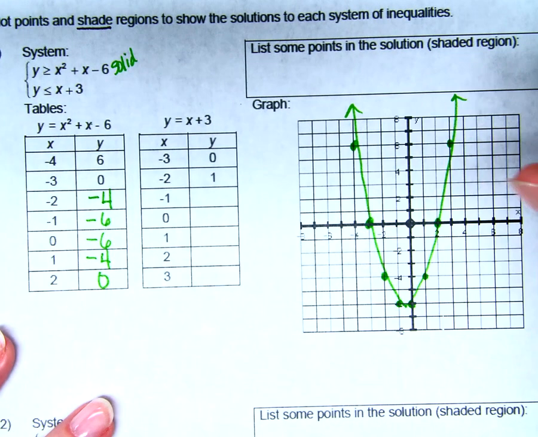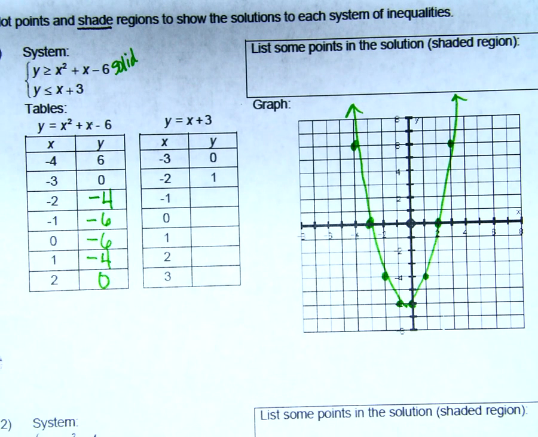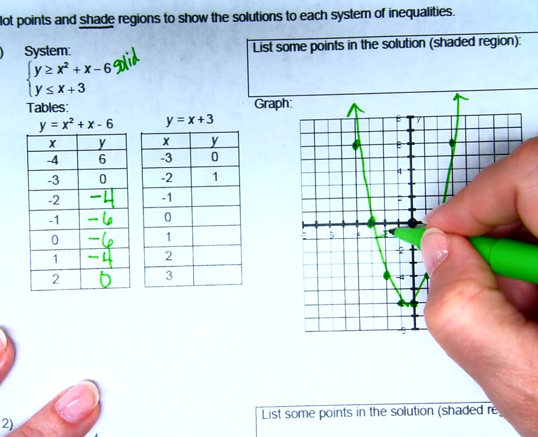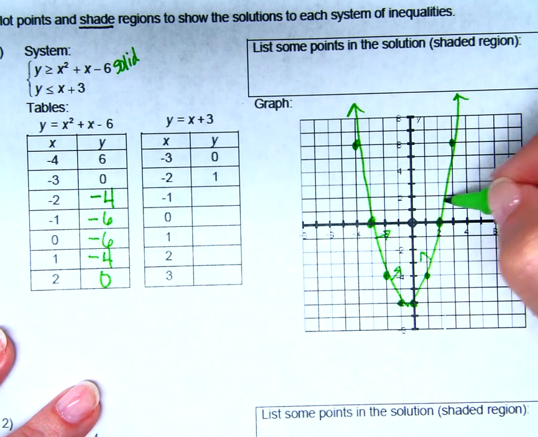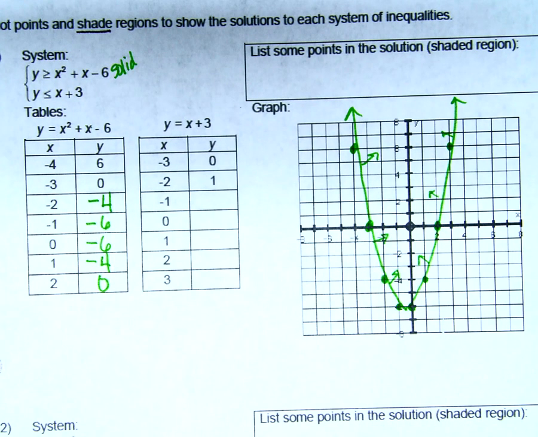Is 0 greater than or equal to -6? It's either true or false. It is true, right? 0 is greater than or equal to -6. So I'm going to shade toward the true area. So for this particular parabola, I'm shading inside of the parabola. Does that make sense?